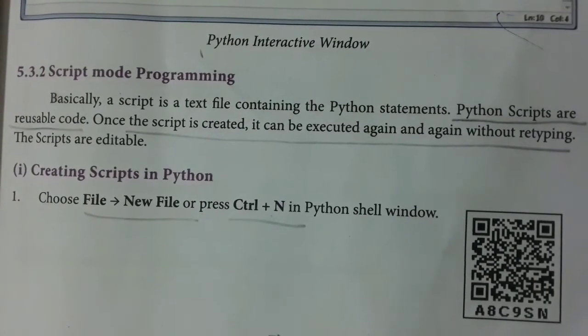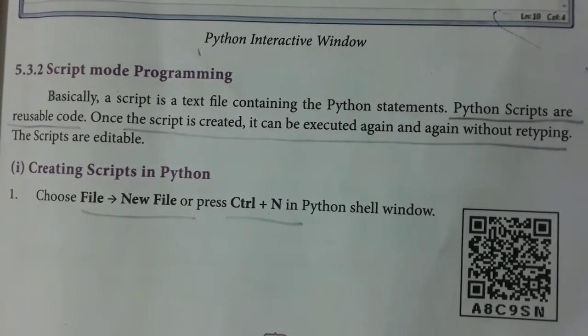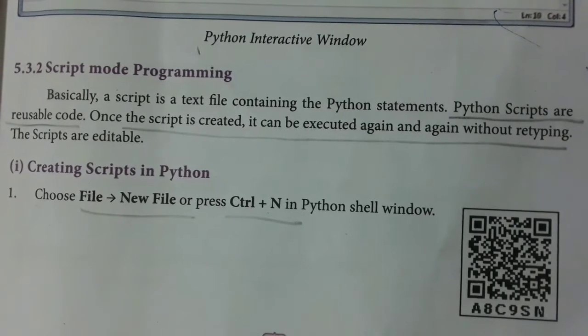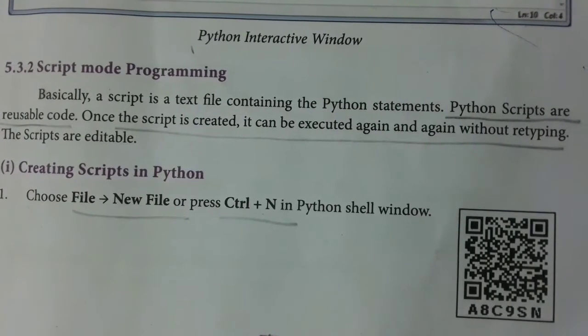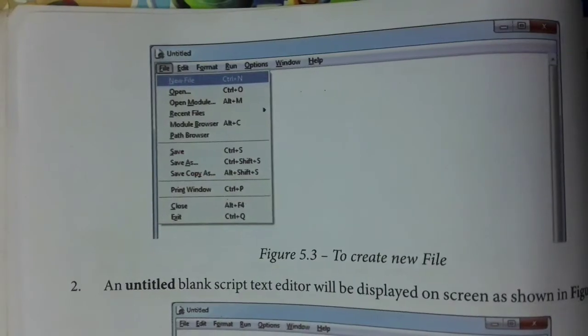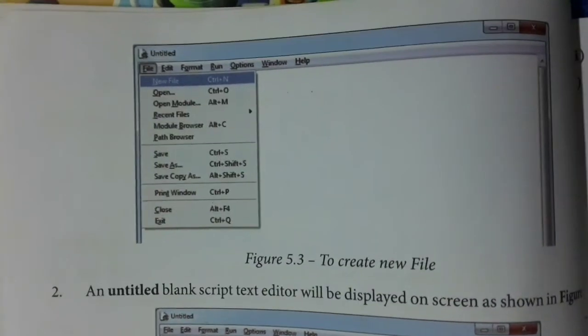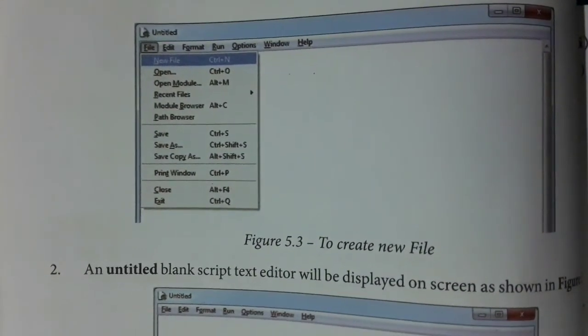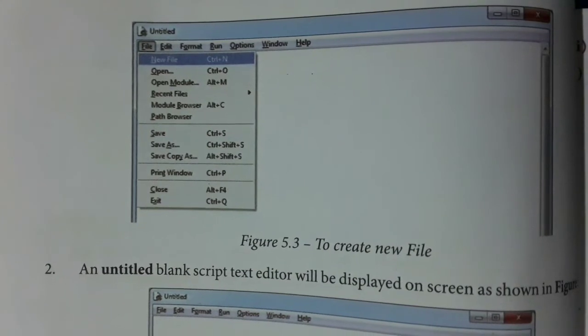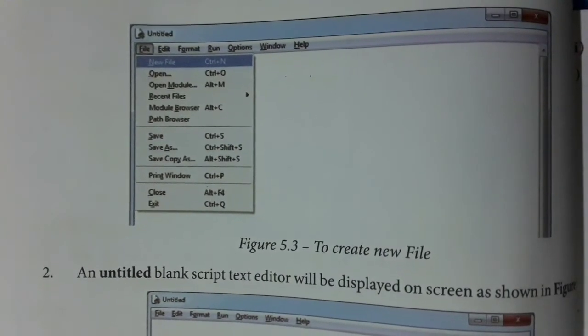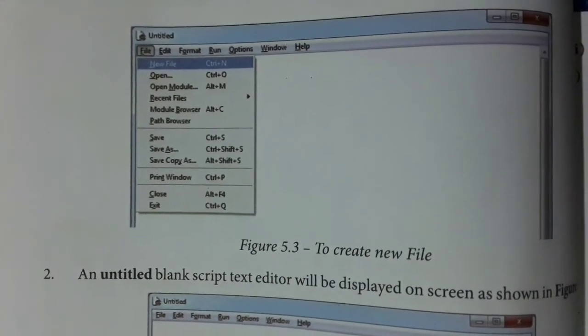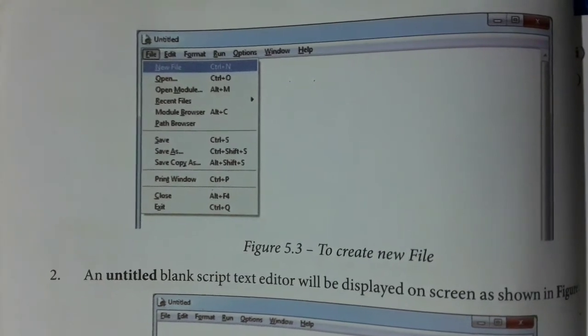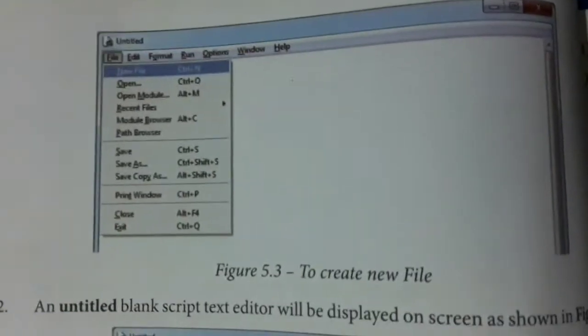First, choose File, New File, or press Ctrl+N in the Python shell. After clicking File, New, you will get an untitled blank script text editor where you have to type the program code.